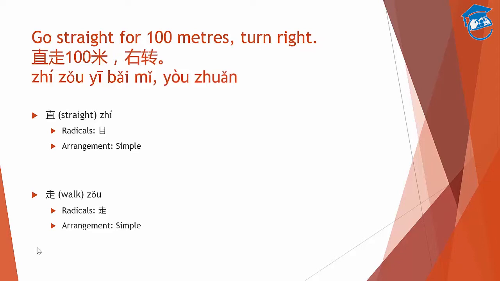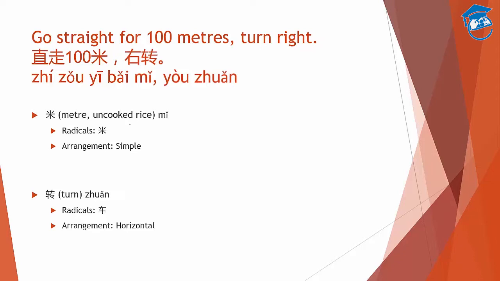Maybe sometimes you will hear people say 直去, but it is not that common. There are 2 new words left in the sentence. One is 米. 米 means meters, as you have expected, and actually it also means uncooked rice.